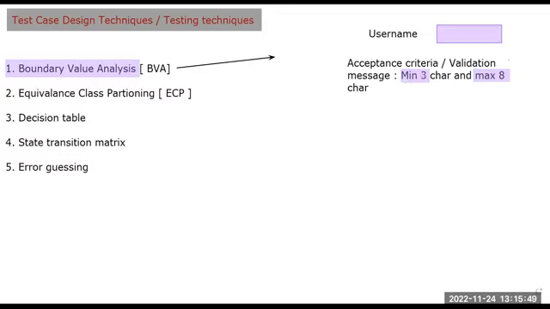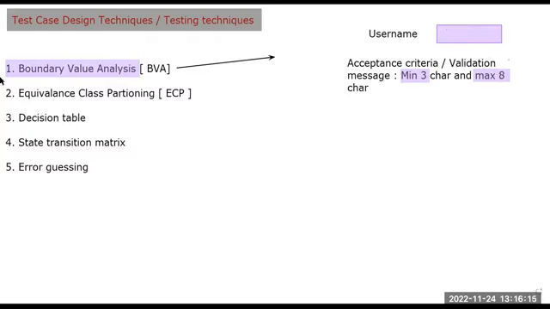We have some minimum characters and maximum characters. For the minimum, whatever boundary-touching values we have, we have to test them for this username field. For the maximum characters also, whatever boundary-touching values we have, we have to test those for this particular username field.